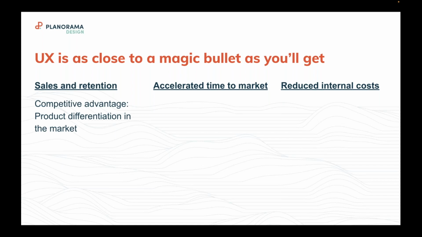In terms of sales and retention, product differentiation is something that most products want to achieve, right? They want to be able to differentiate themselves from their competitors. In the end, it's people, not companies, who are making the decisions to buy the software product or your IoT solution. And people will have to use it.